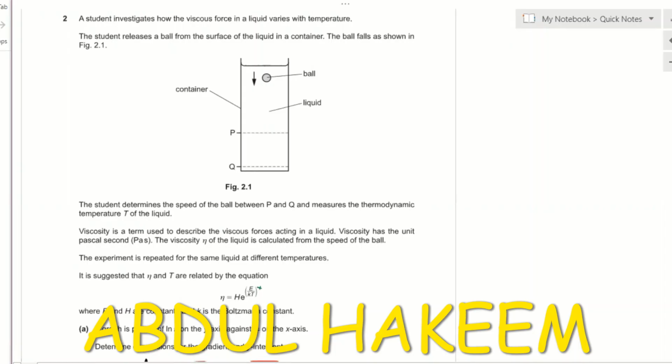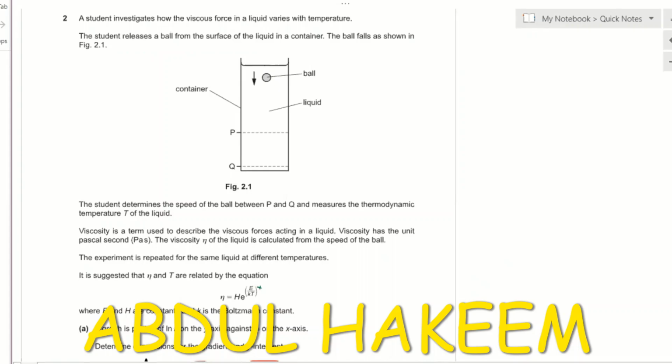Viscosity is a term used to describe the viscous forces acting in a liquid. Viscosity has the unit Pascal second. Viscosity eta of the liquid is calculated from the speed of the ball. The experiment is repeated with the same liquid at different temperatures.